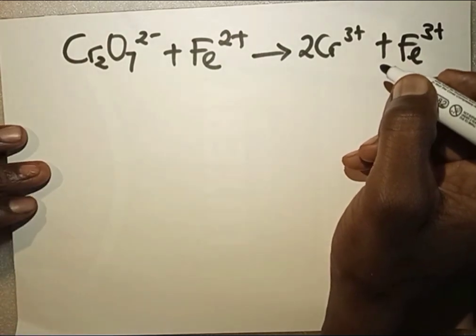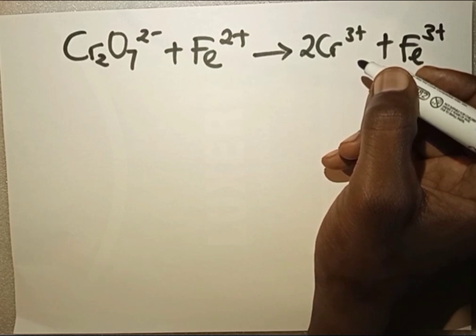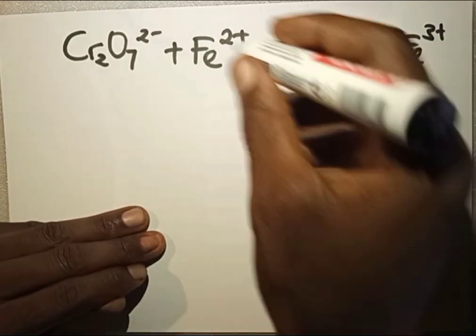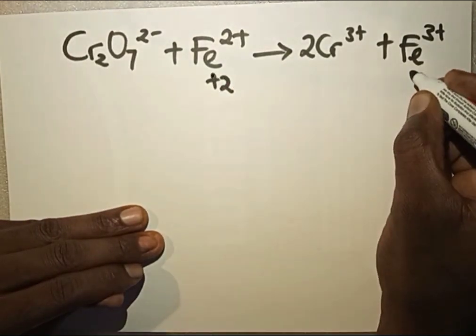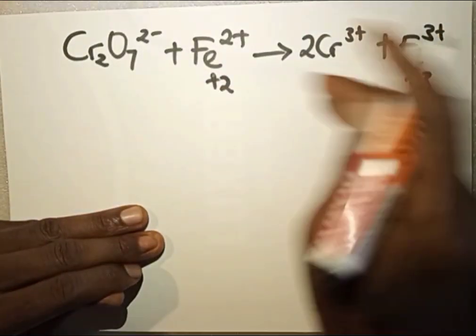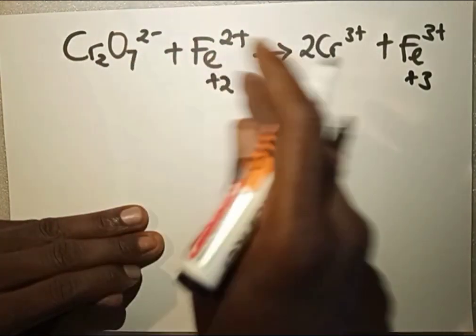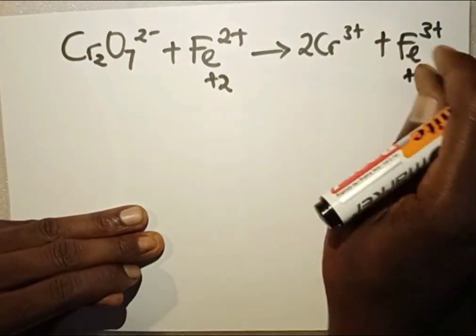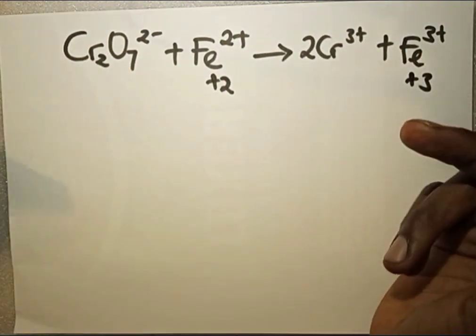Following the rules that we did in the previous video under oxidation numbers or oxidation states, it's clear here, since we have ions here, it's direct. We have this oxidation state for iron. We've already seen that here the oxidation number has increased, meaning we have an oxidation reaction happening here. This is an oxidation half reaction already.